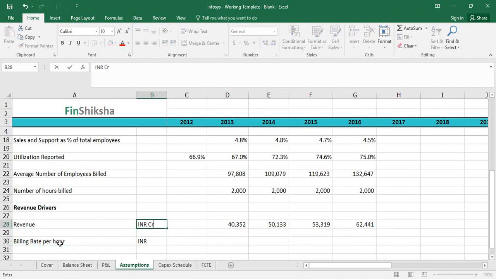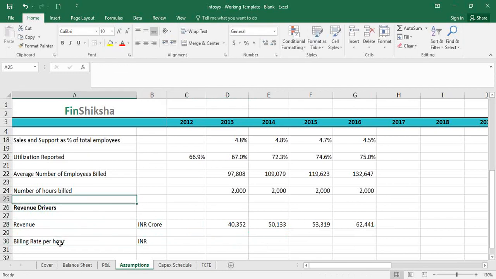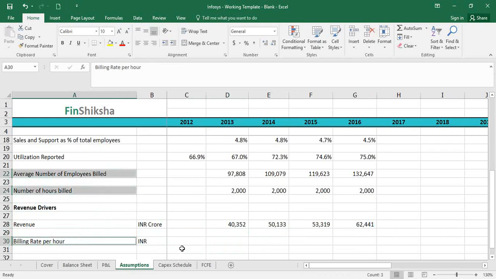Remember, the revenue is in INR crores, right? So when I have to find the billing rate per hour, remember our calculation of billing rate is average number of employees billed multiplied by the number of hours billed multiplied by the billing rate should give me the revenue.